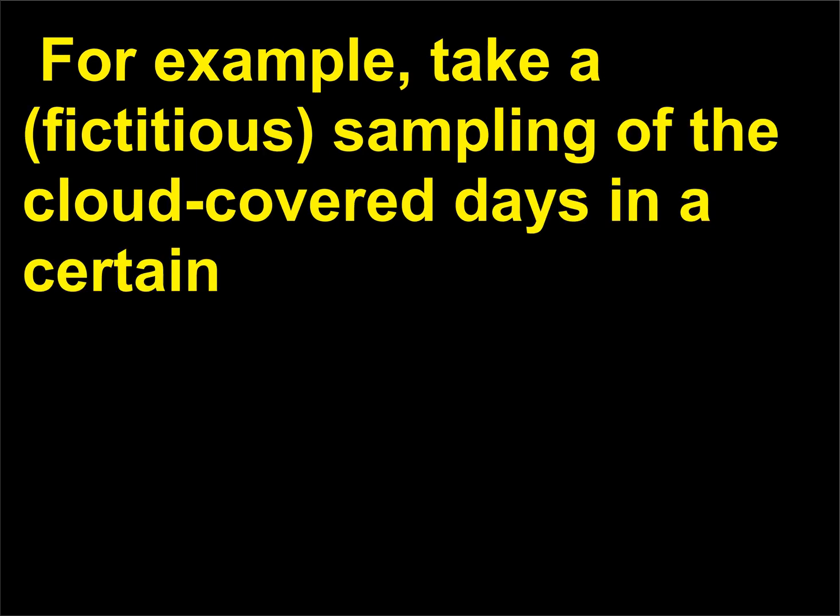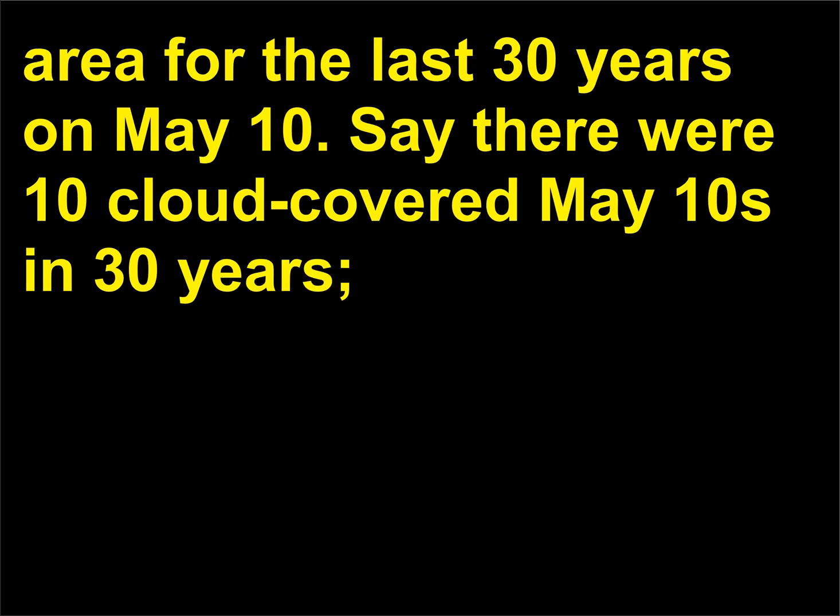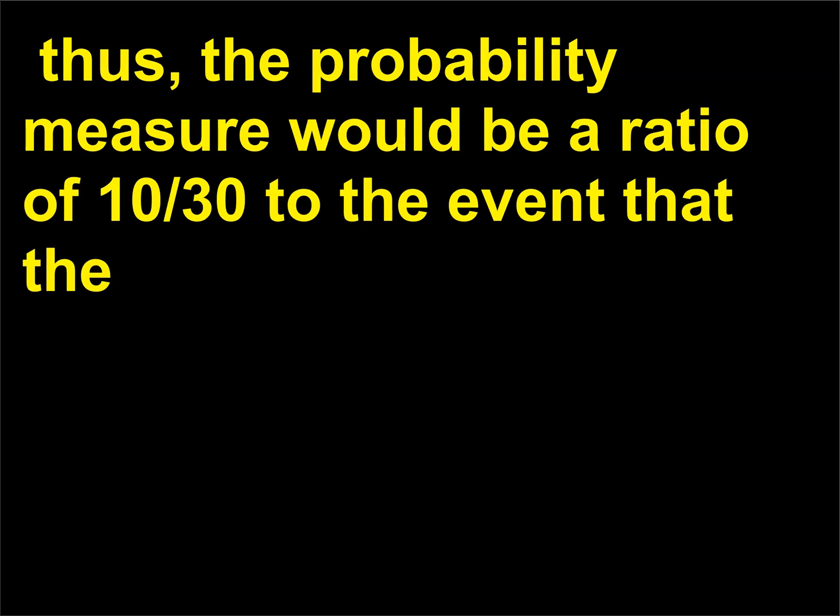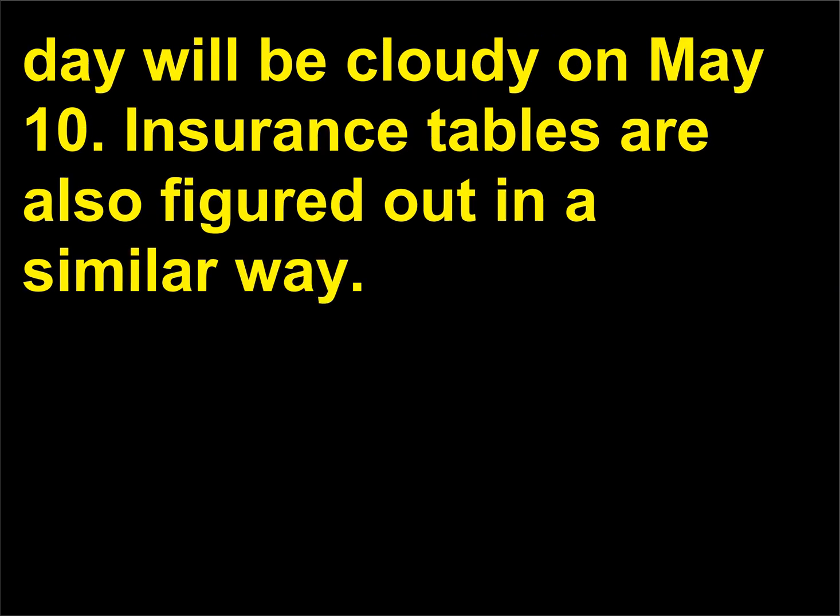For example, take a fictitious sampling of the cloud-covered days in a certain area for the last 30 years on May 10. Say there were 10 cloud-covered May 10s in 30 years. Thus, the probability measure would be a ratio of 10/30ths to the event that the day will be cloudy on May 10.